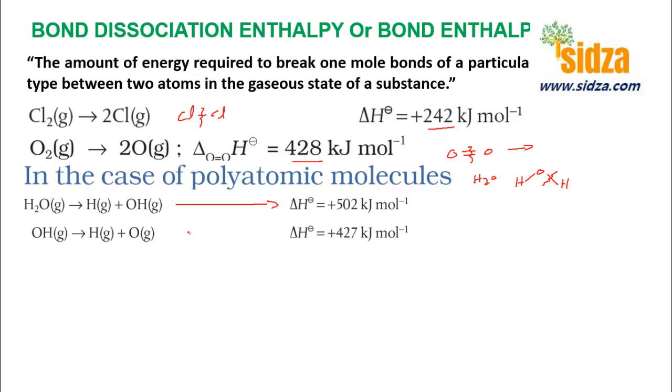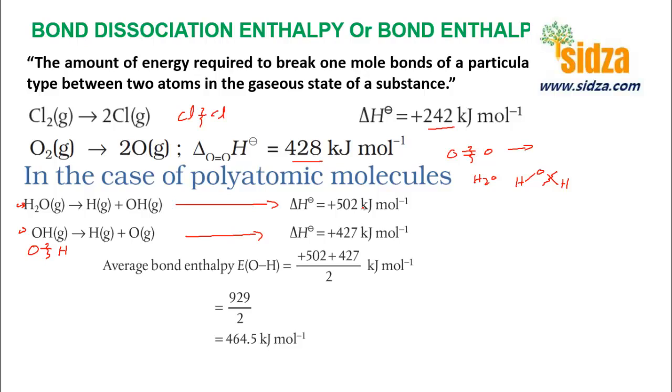And then you want to convert the OH into hydrogen and oxygen. That means you want to break 1 more oxygen-hydrogen bond. Here the requirement is different than the first one, because the nature of the starting species is different. And here you need 427 kilojoules. So in case of a polyatomic molecule, when we talk about the bond dissociation energy, it is basically the average.